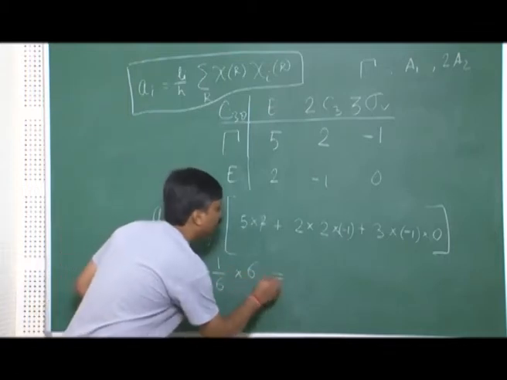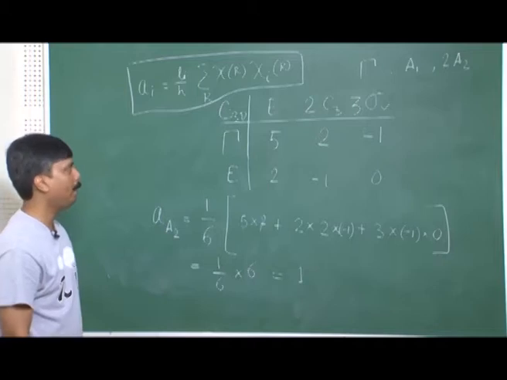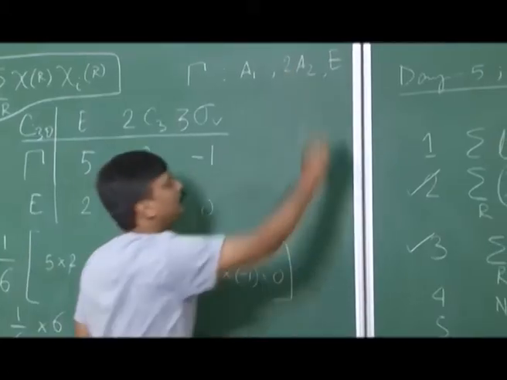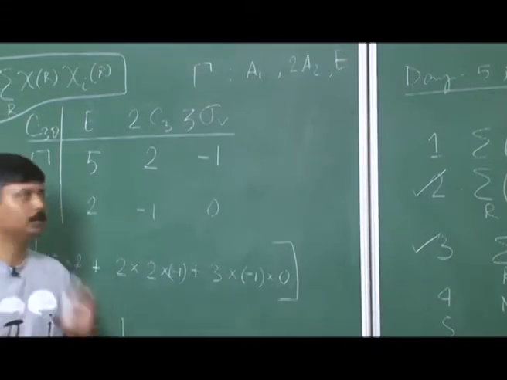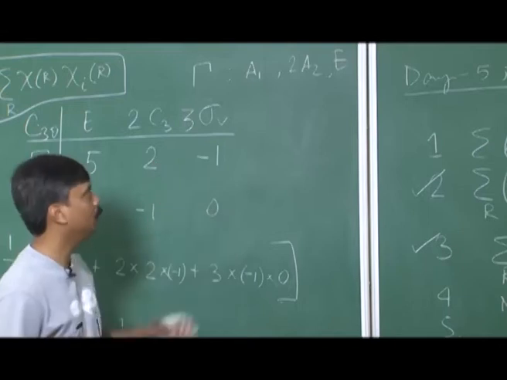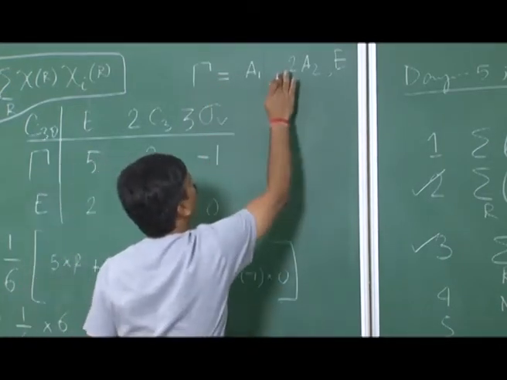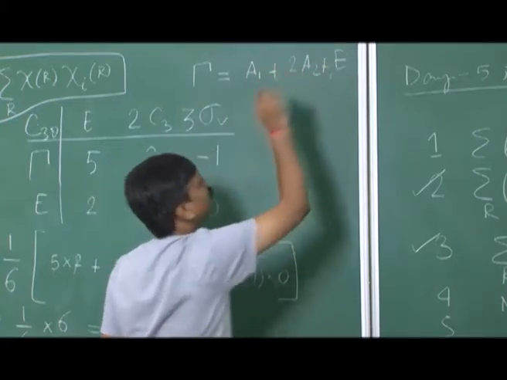So I get 1. Okay. So I get the E irreducible representation only once. So what I can write now, this gamma which was reducible equals A1 plus 2A2 plus E.